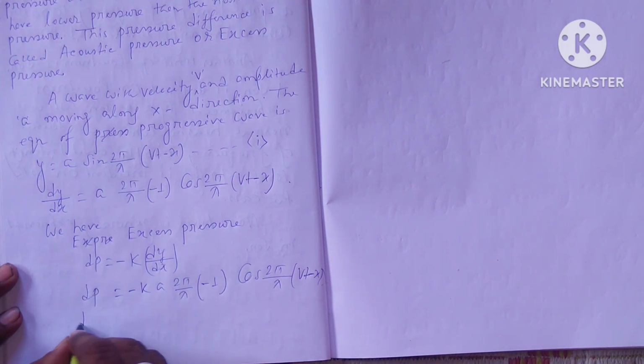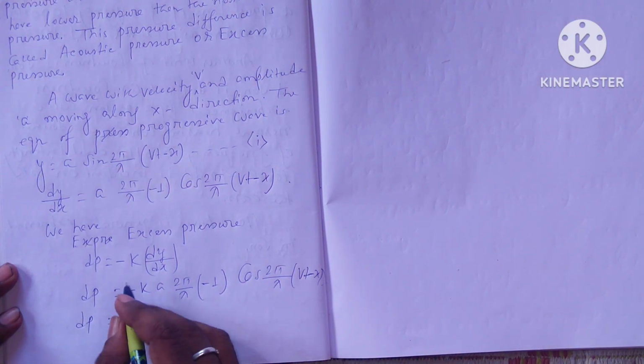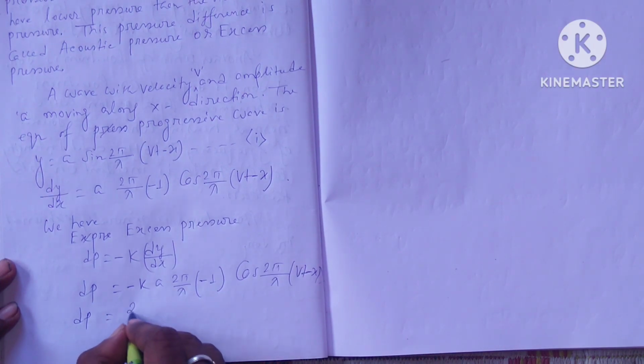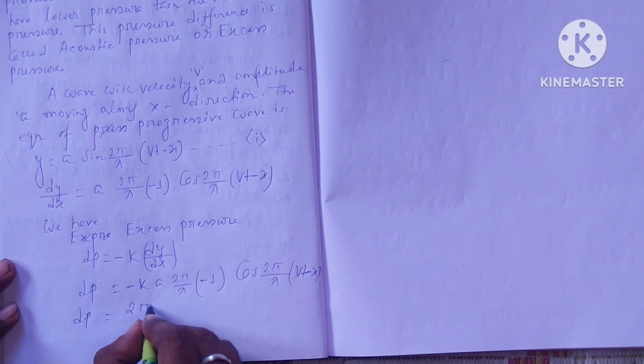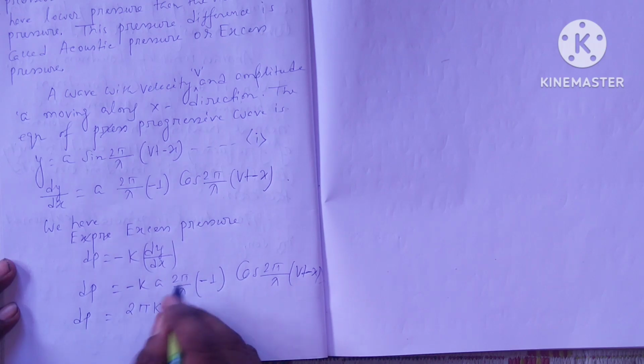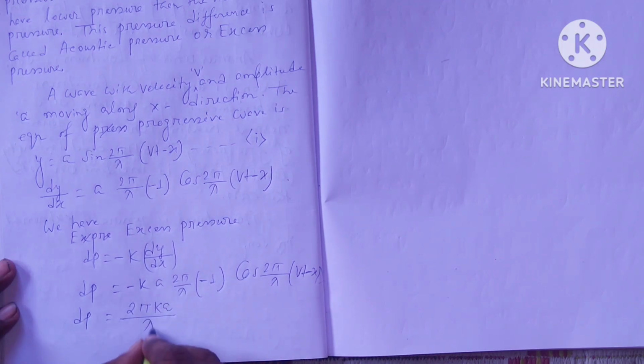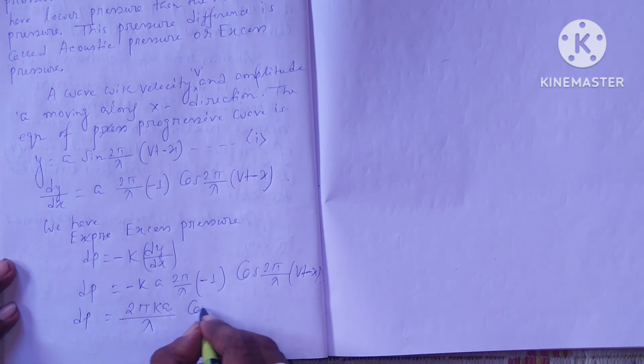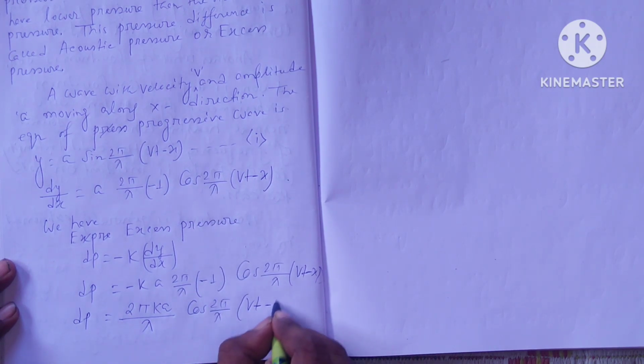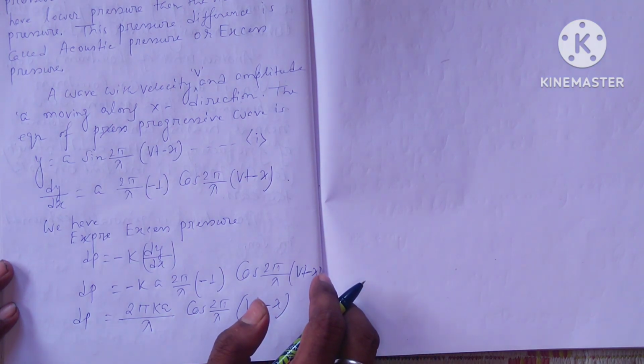So dp equals 2 pi kA by lambda cos 2 pi by lambda (Vt minus x).